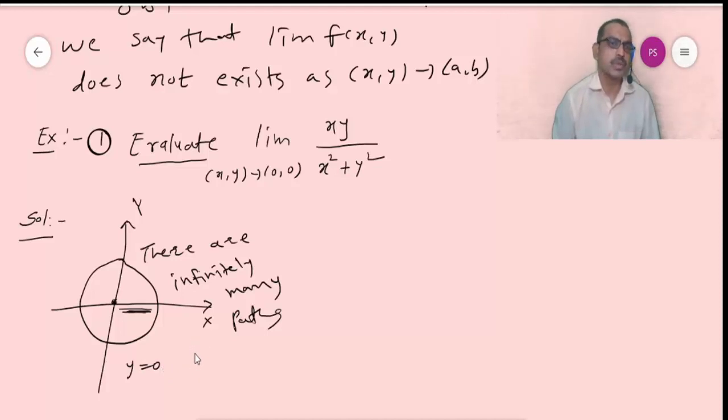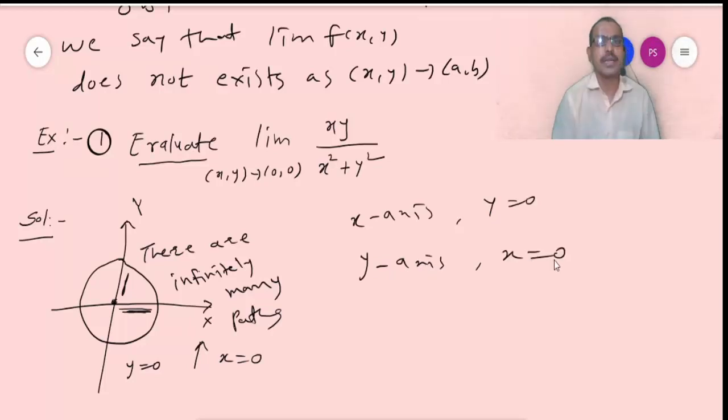And if we choose the path along the y-axis, then x is equal to 0. Here there are many paths. We choose along the x-axis, that is y equal to 0, and along the y-axis, x equal to 0.